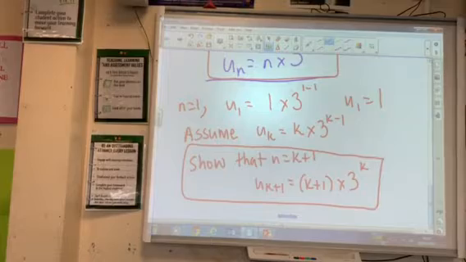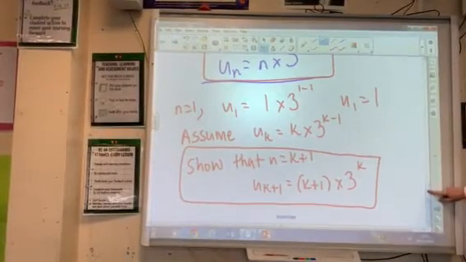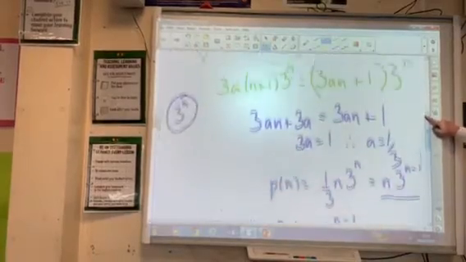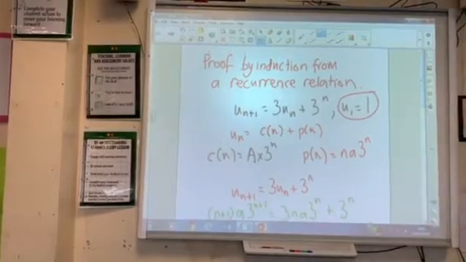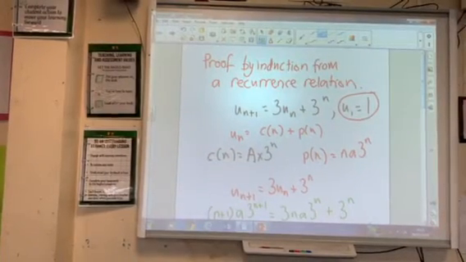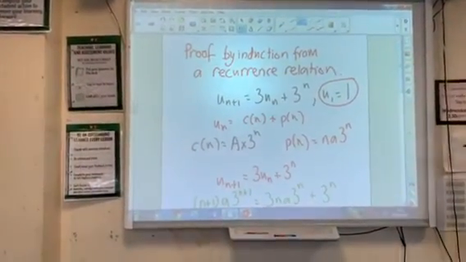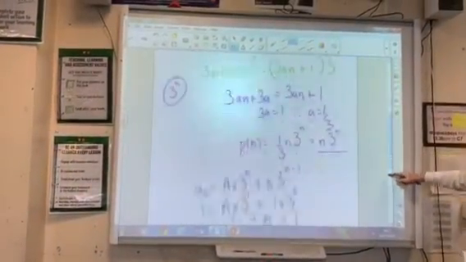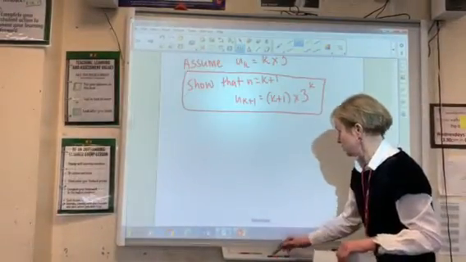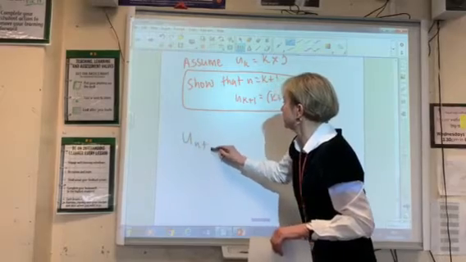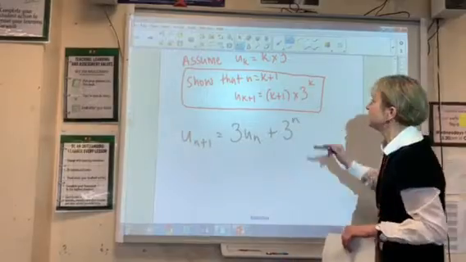So all you're now going to do is use your recurrence relation. So your recurrence relation is ideal for this. Go back to the very beginning. Right, there's your recurrence relation. So your recurrence relation says that the n plus 1th term is 3 times the nth term plus 3 to the n.